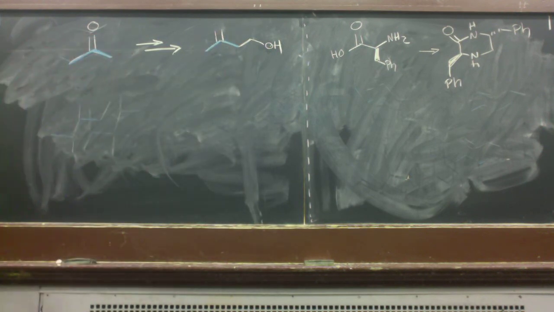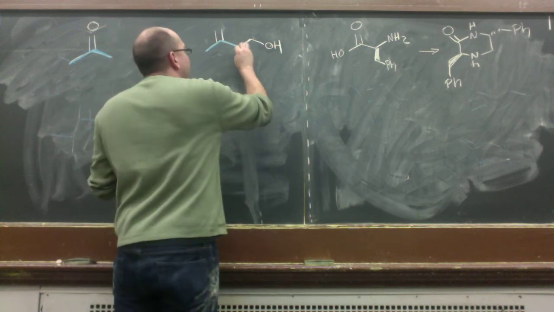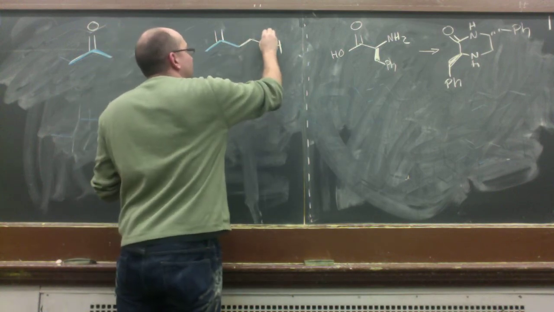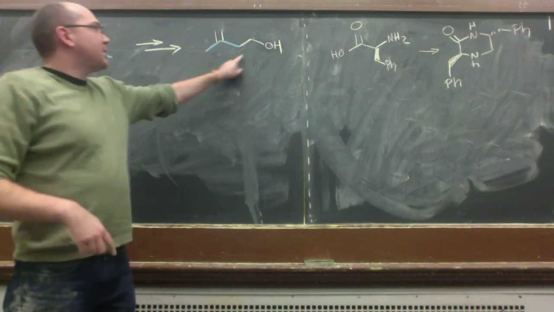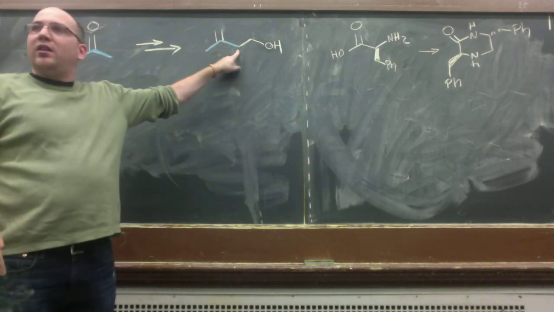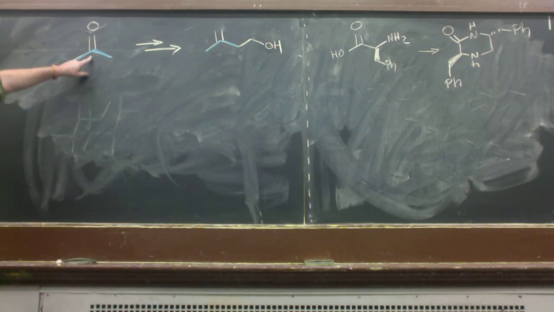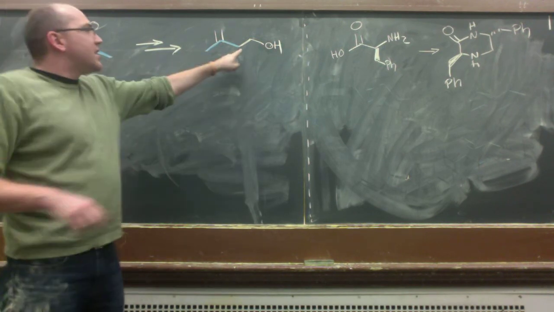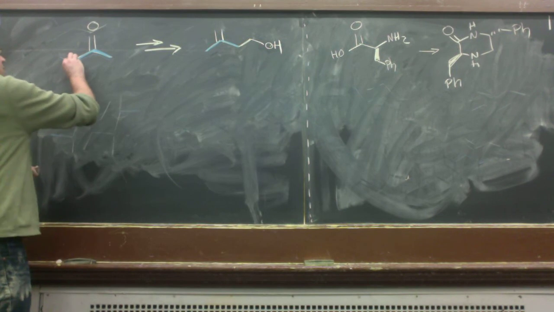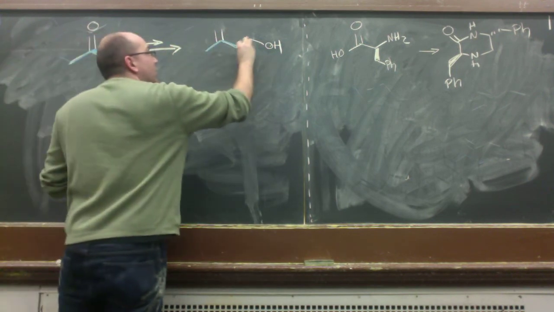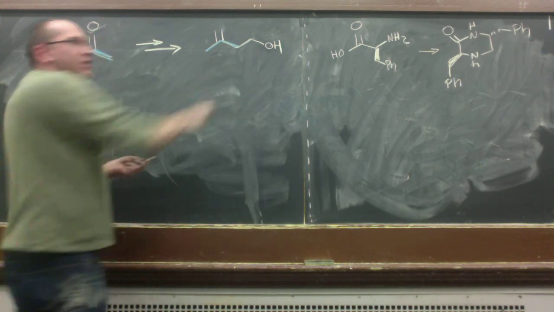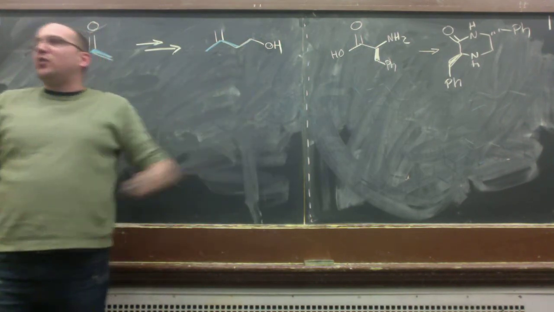I put this here rather than there because I have an oxidation state here that closely resembles the one I have here, right? Changing oxidation states can often take a little bit of time. It's not that you couldn't make this one, but then you're left with a ketone there, and you'll have to do a Wolff-Kishner.